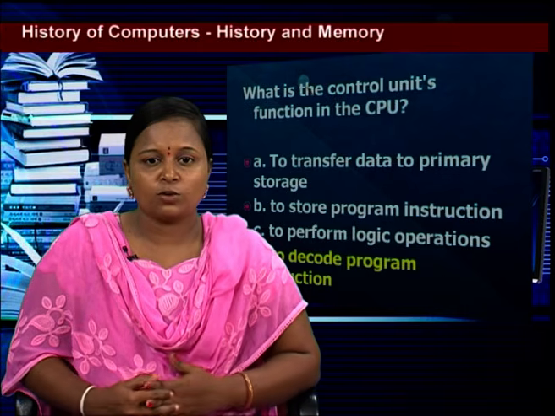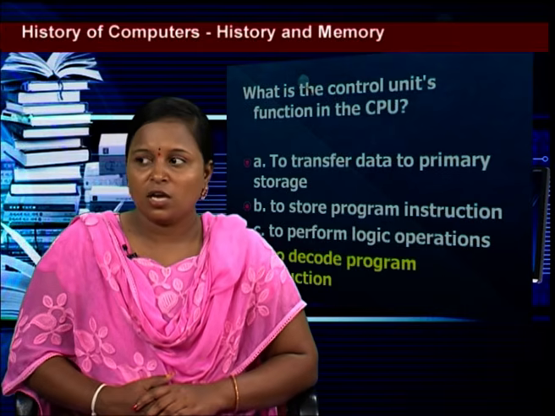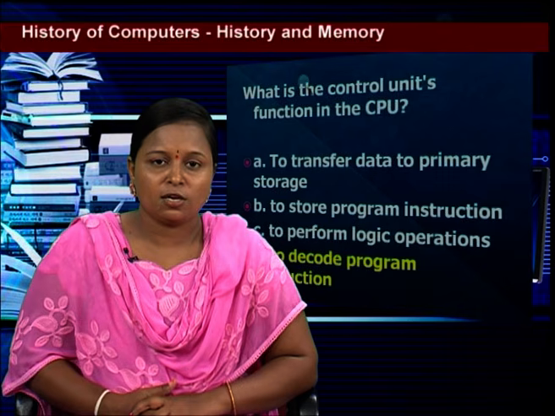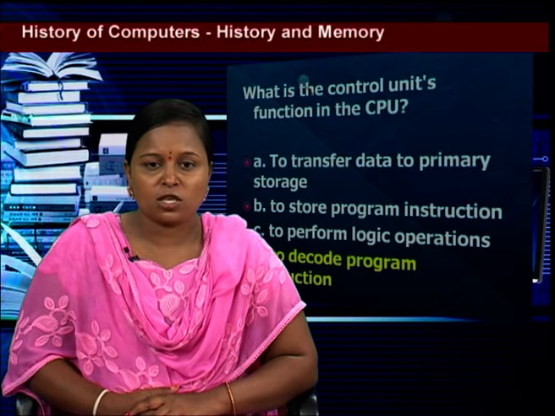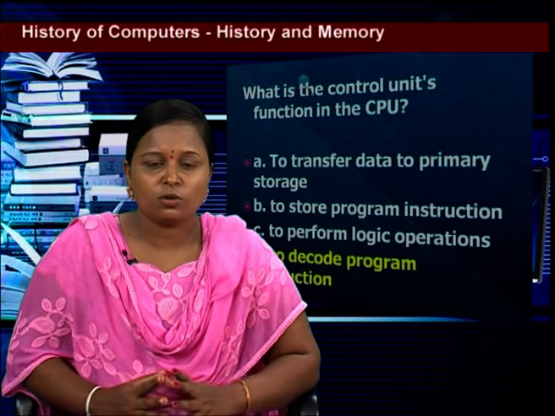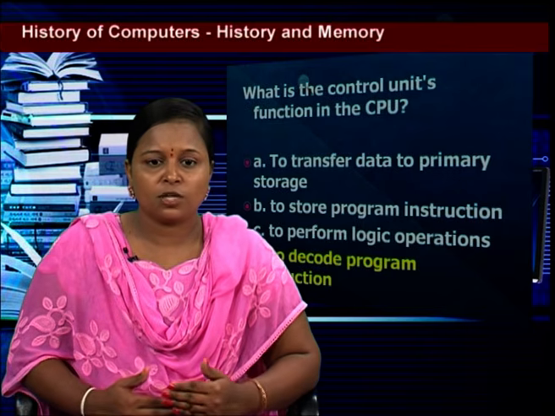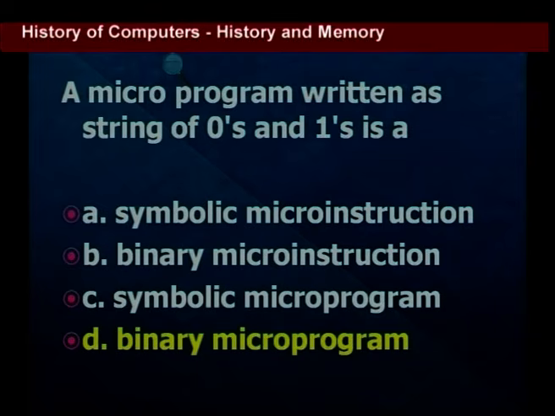Using them we decode the program based on instructions, meaning the program structure, logic, keywords and loops we use to develop the program. A binary microprogram is the result of converting by compiler or interpreter.